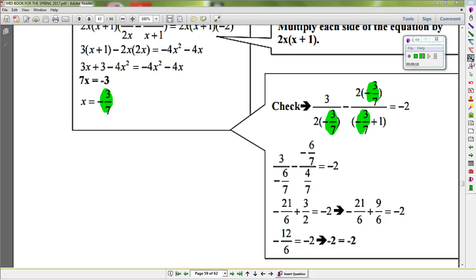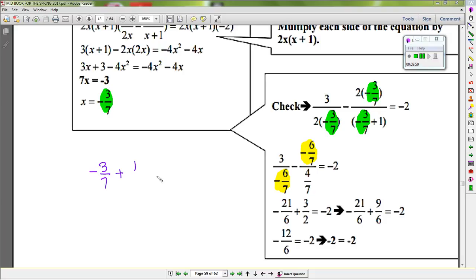So for the first one, my denominator will be, I'm going to multiply 2 with negative 3 over 7. So 2 times negative 3 will give me negative 6 over 7. The same thing right here for the next fraction: 2 times negative 3 is negative 6 over 7. And let's go to the sum right here. Now we cannot add the two fractions if they don't have the same denominator. So make a note right here.